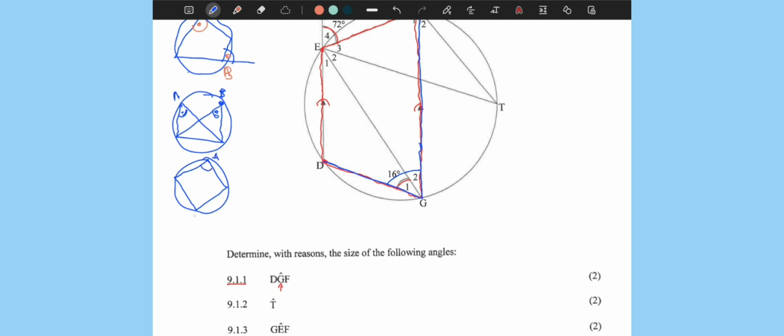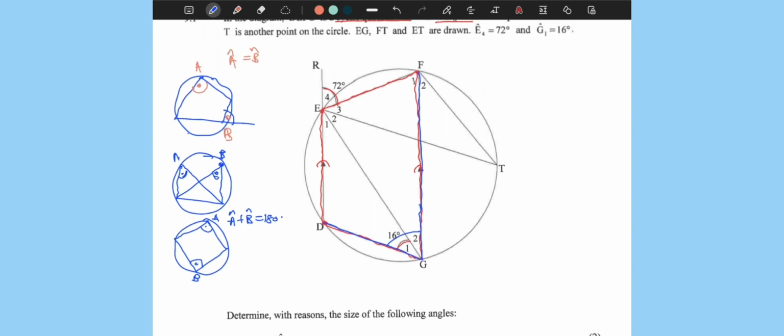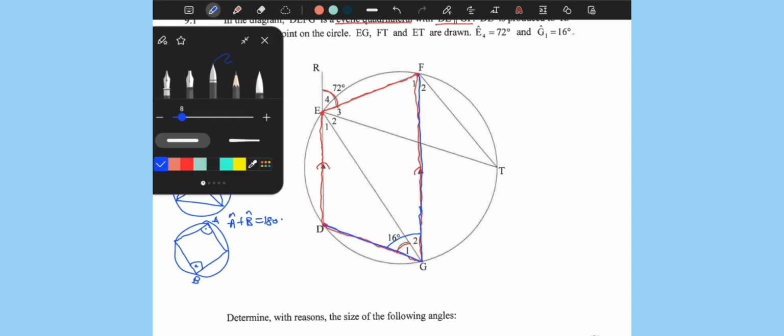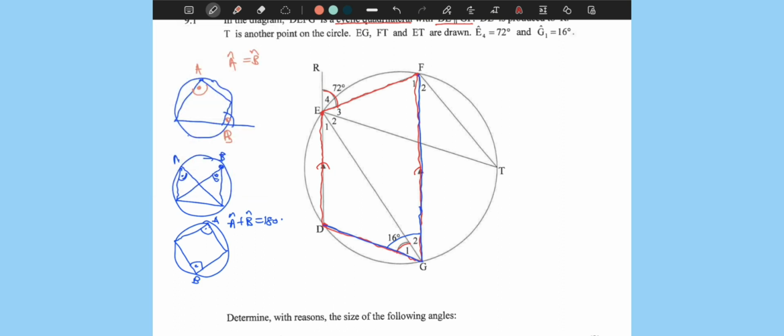If you're given this angle A and B here, the sum of these two angles adds up to 180. A plus B is equal to 180 degrees. So when we prove a cyclic quad, you must use these three conditions that are listed here.